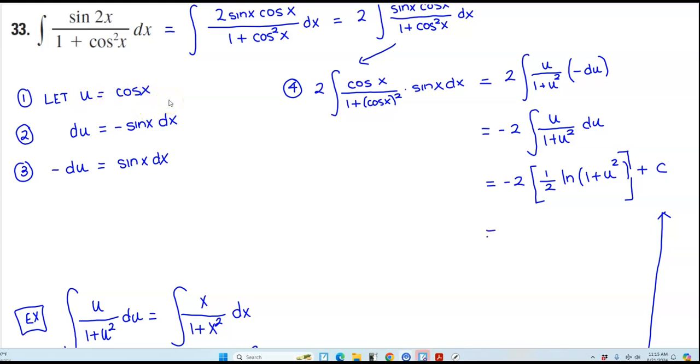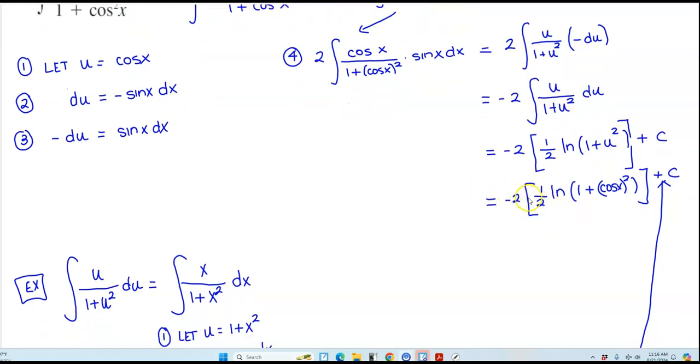So this is now -2 times 1/2 times the natural log of 1 plus cosine of x squared plus c. Now if we distribute and simplify, -2 times 1/2 is negative, so we get negative natural log of 1 plus cosine squared x plus c, and therefore there is your result.